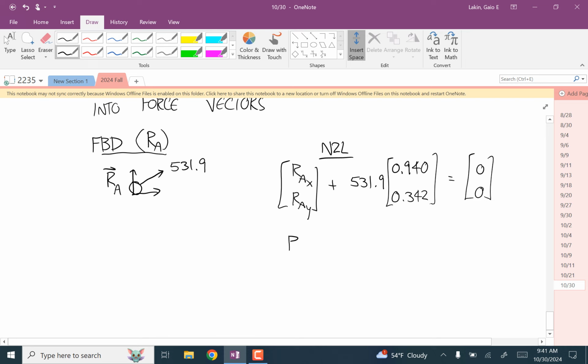And so RA is equal to negative 499.99, negative 181.91.